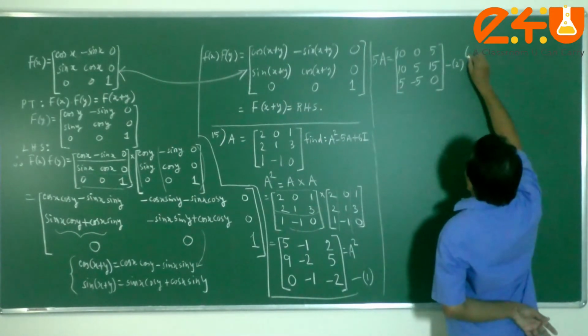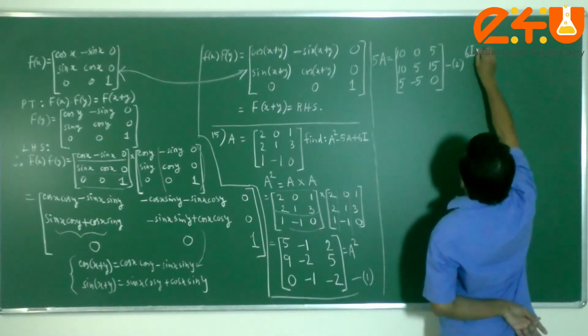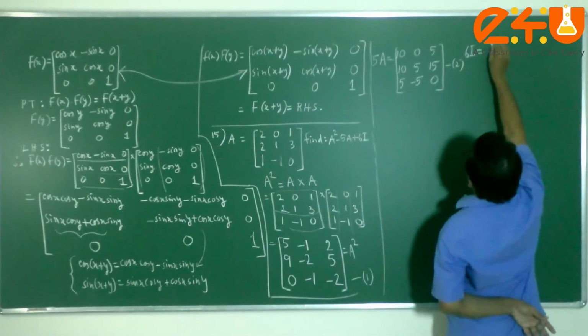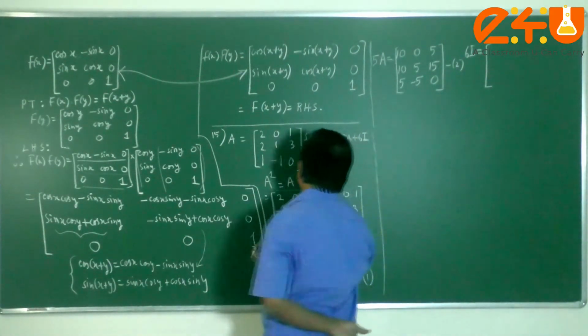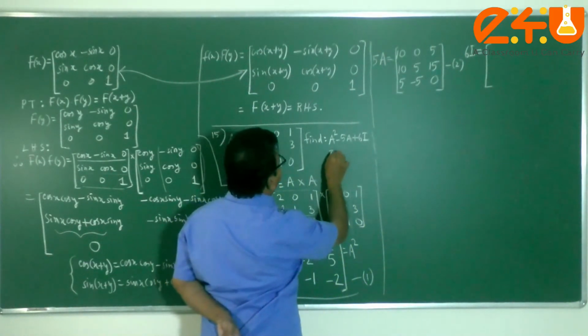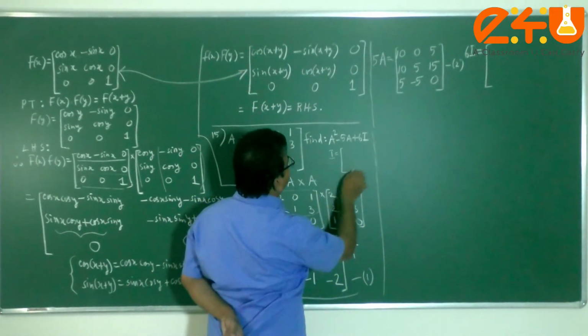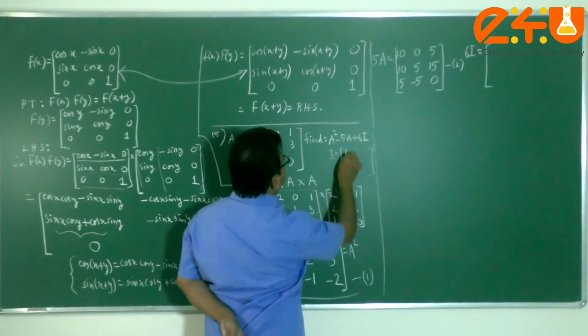What about the third and the last term, 6 times I? I want you to carry in memory always the I matrix of given order. Let me just indicate what it is.